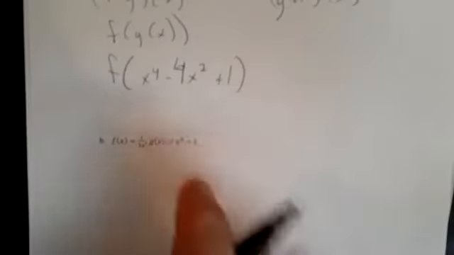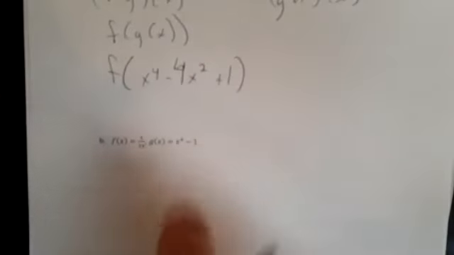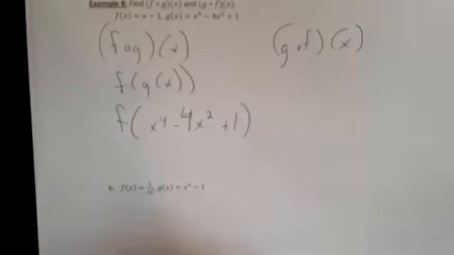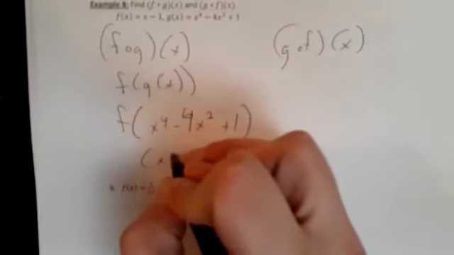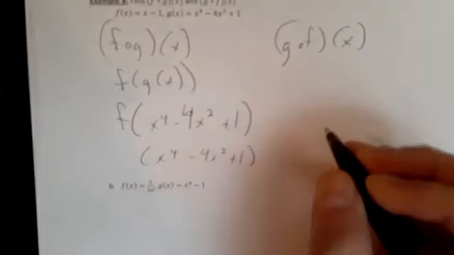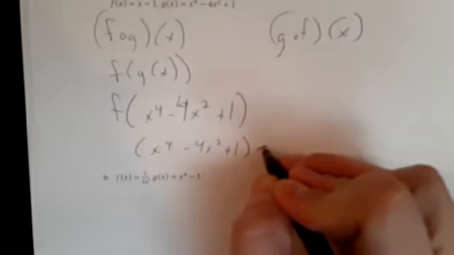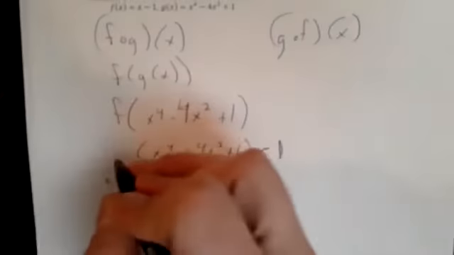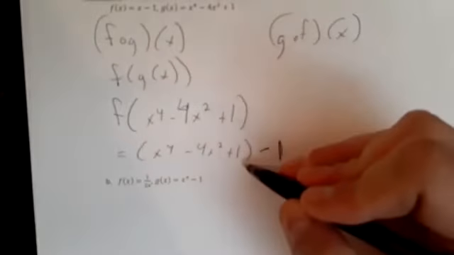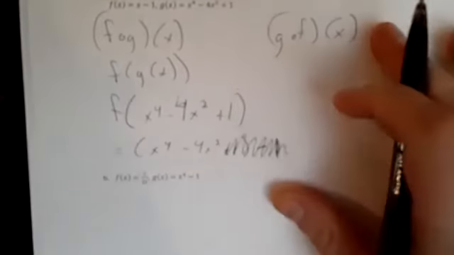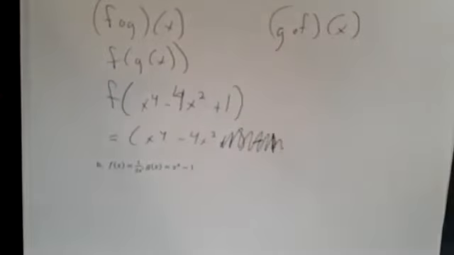Our f of x function looks like x minus 1. So we're taking all of that, x to the fourth minus 4x squared plus 1, as our x, and then subtracting 1. You might notice this is plus 1 minus 1. If you just get rid of these, you're going to get x to the fourth minus 4x squared for this thing.